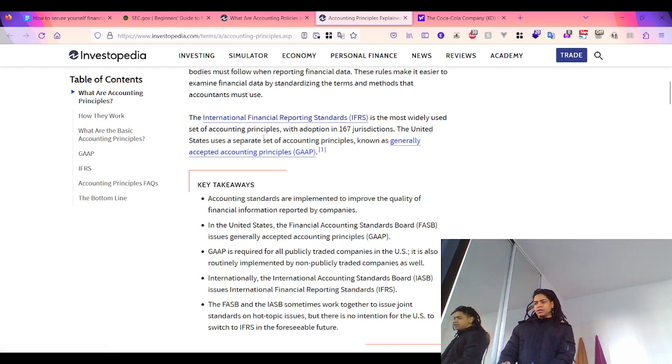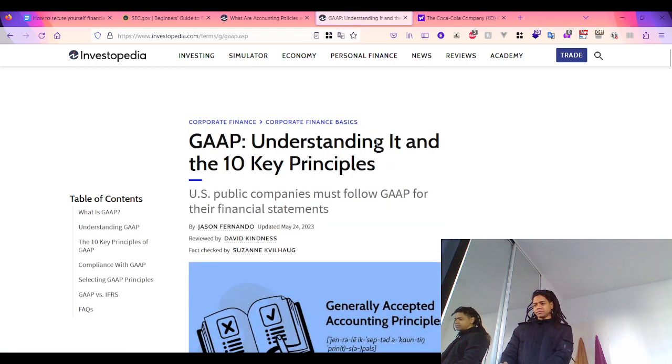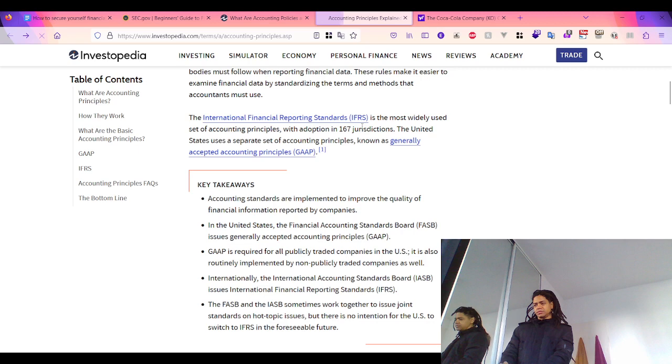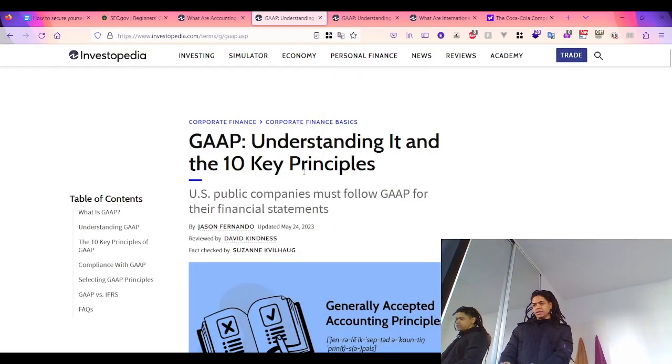The United States uses a separate set of accounting principles known as Generally Accepted Accounting Principles. Jesus. Holy hell.